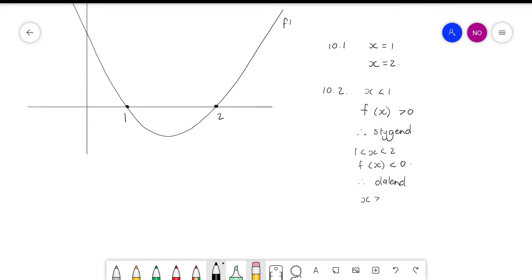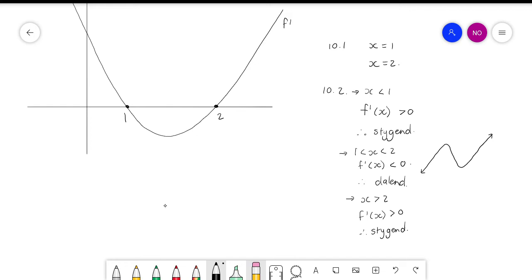And then for x bigger than 2, the first derivative is positive again. Which means that it looks something like this. So uit daai 3 stellings kan jy mos nou daai vorm aflei. It has to be ascending, it has a turning point, descending, it has a turning point, ascending.